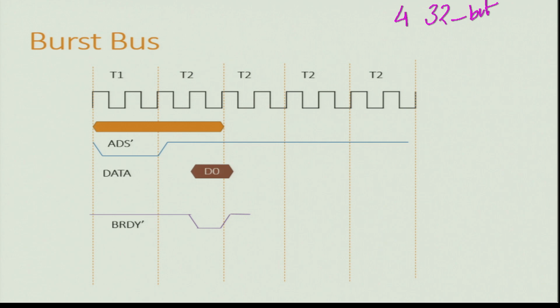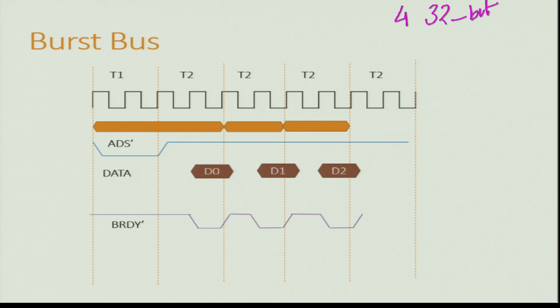During T2, the next address is going to be generated. After this address has been generated, once again the memory will respond with a burst ready signal indicating it is ready with data, and the data transfer takes place. Then the third address is going to be generated, and again the device or memory responds with the burst ready signal going low.